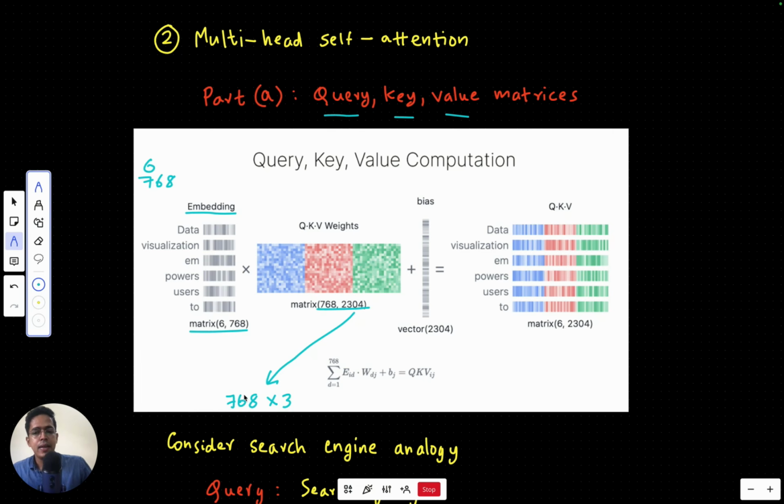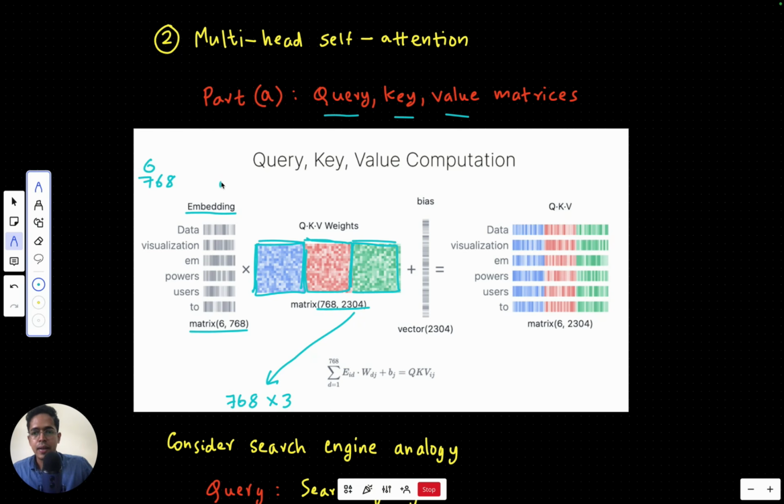It is basically 768 multiplied by 3. You can consider this as 3 sub-matrices: query submatrix, key submatrix, and value submatrix. I will explain what these query, key, and value are. Each of these is a square matrix. So if this is 768, this will be 768, this will be 768, and this will be 768. That is why the QKV dimension here is 768 by 2304.